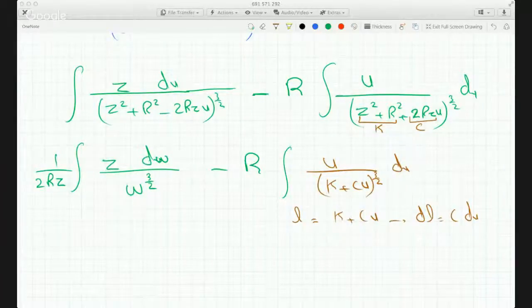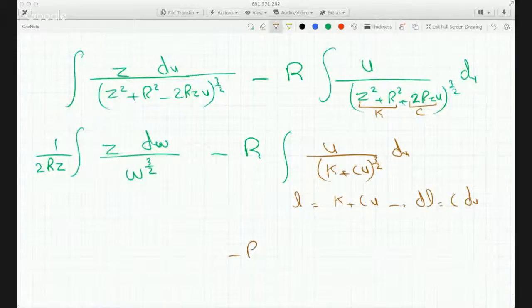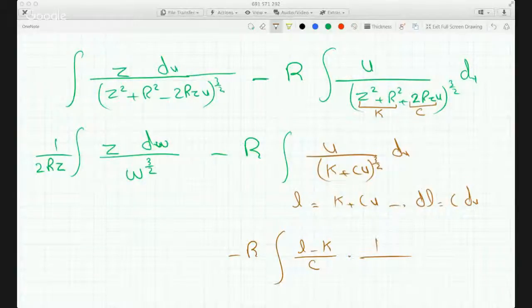Okay, good. So this becomes minus r integral, u is just l minus k over c, and remember those are all constants, and this is 1 over l to the 3 over 2, and du is just dl over c.